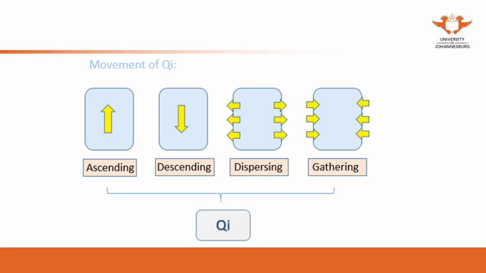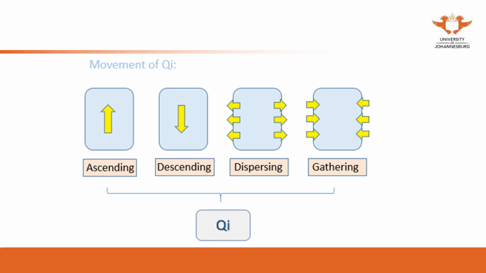You can conclude that there are 4 different movements of qi: ascending, descending, dispersing, and gathering. Something moves upwards, downwards, outwards, and inwards. We can see these movements in objects, in nature, in the environment. We also can see these movements in our human bodies.